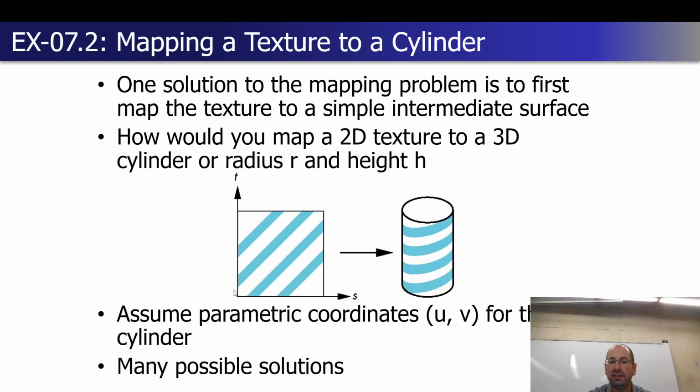How about for t? What would t correspond to then? V would range from 0 to some height value here. Just like we don't know the radius, but v would be either 0 to 1, and then z would be v times h for some height value, or v could be ranging 0 to height.